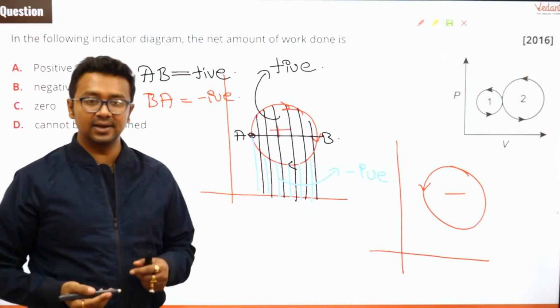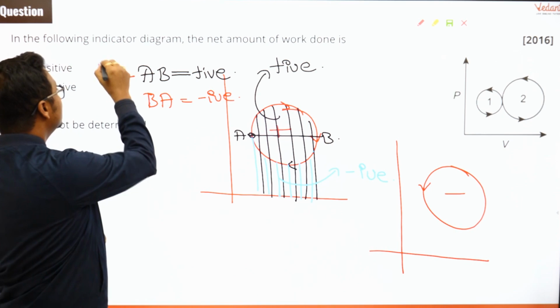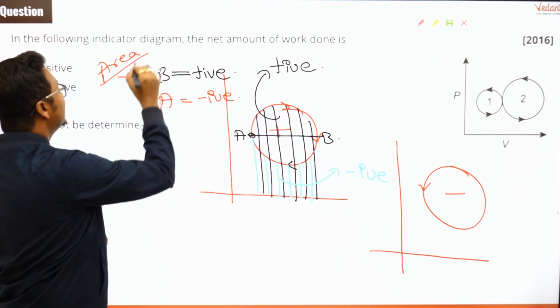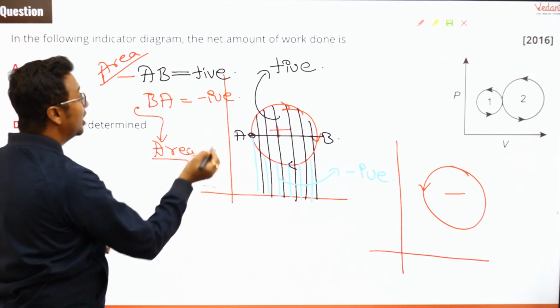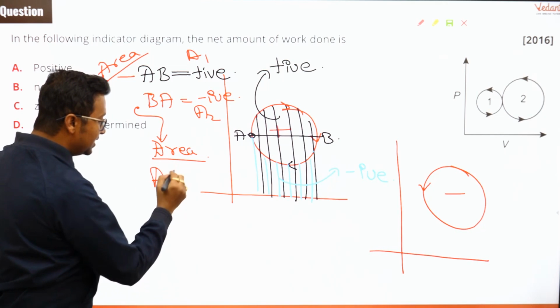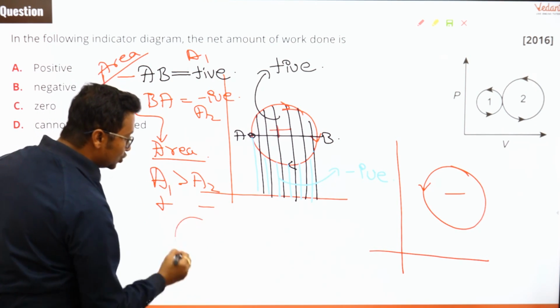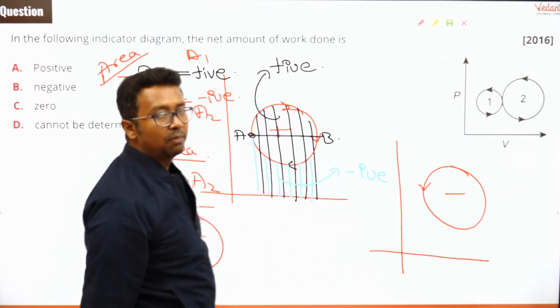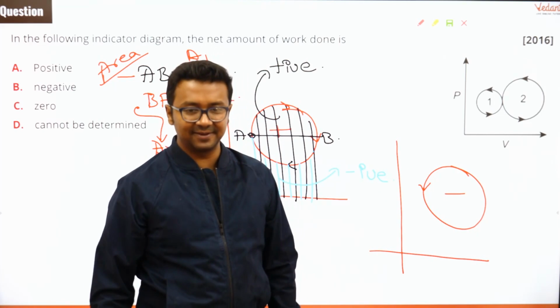Overall, the work done will be positive because the area of this region is greater than the area of this region. Call it A1 and call it A2. A1 is greater than A2, and A1 is positive and A2 negative. So overall work done is positive. The vice versa applies for an anti-clockwise cycle.